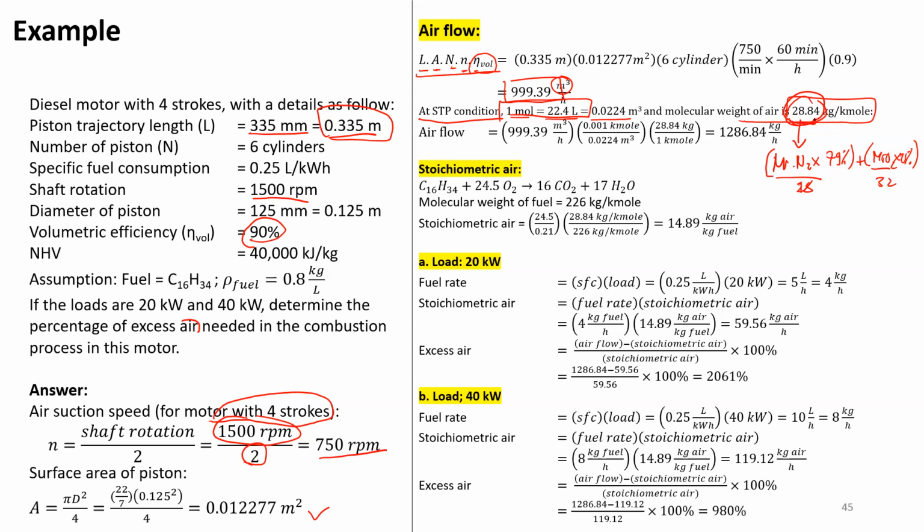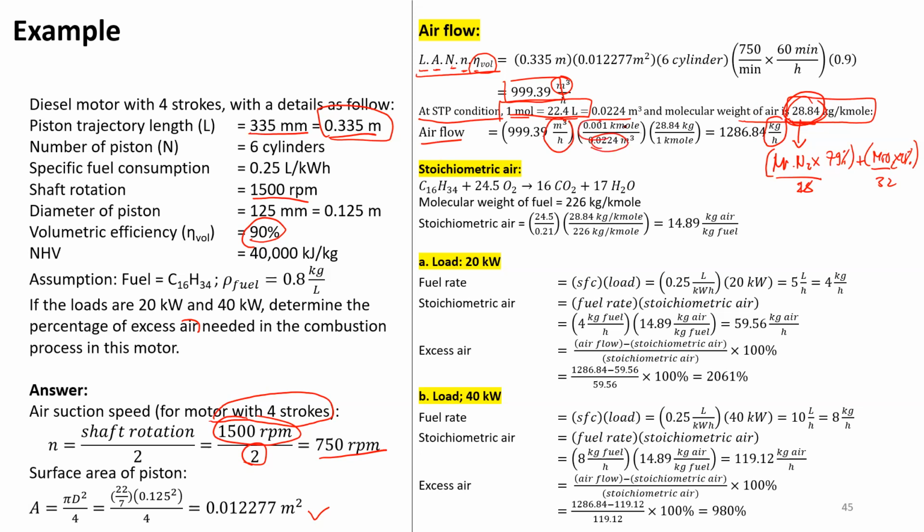Okay, good. After you make these assumptions, we can calculate the airflow. So we transform the units from cubic meters per hour into kilograms per hour. Using this, 1 mole is 0.0224 cubic meters, or we can state that 0.001 kilomole is equal to this.